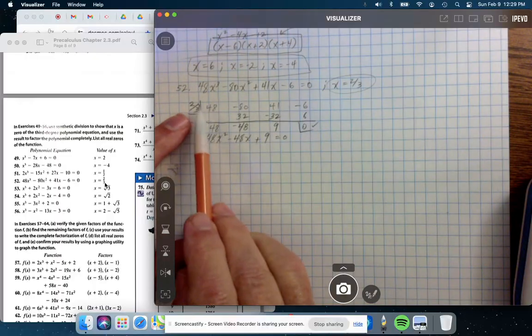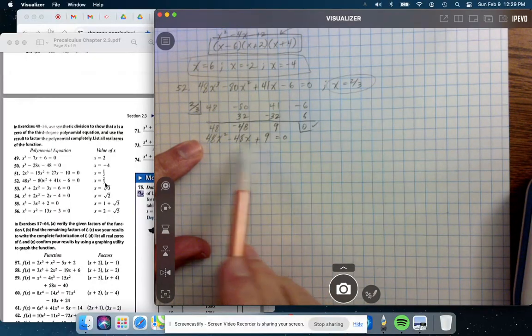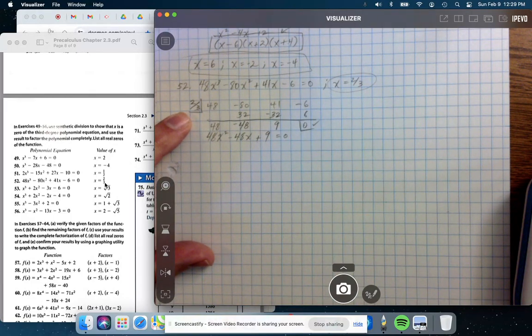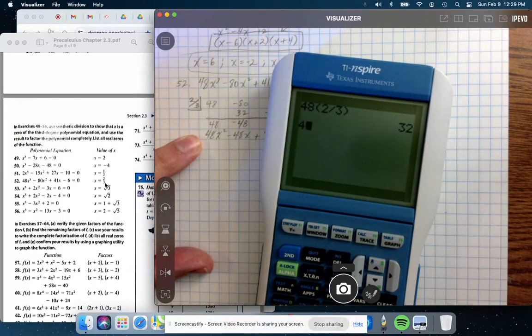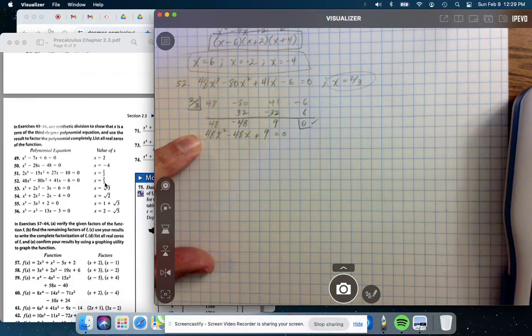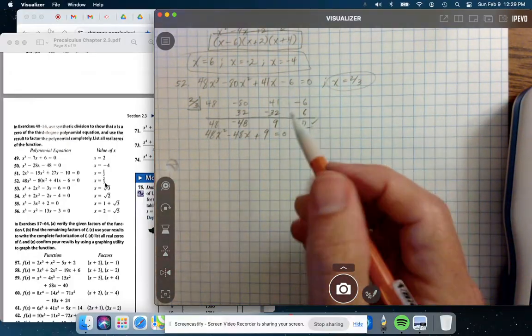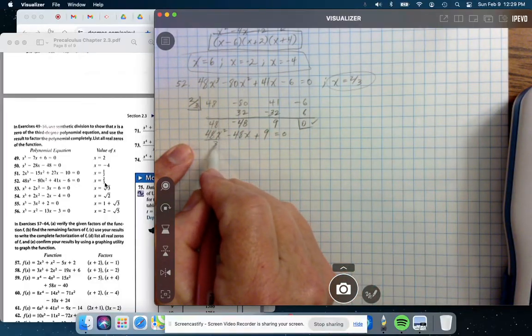All right, so whenever you multiply by these fractions, you end up with coefficients that are multiples of whatever the denominator is. So we know that we can divide 48 by 3, right? So since these are all divisible by 3, I can make my life a little easier by just dividing everything here by 3.